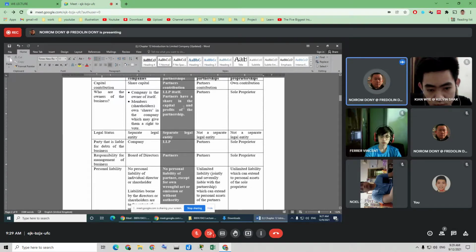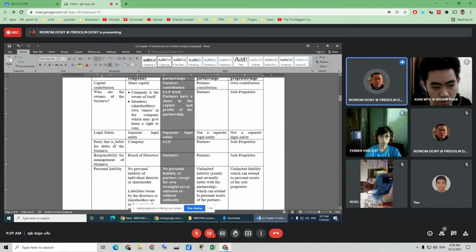Same goes with a limited liability partnership, a separate legal entity. But partnership and sole proprietorship are not separate legal entities. They are considered as one. So if the business fails, people can go after the partners, or go after the sole proprietor. Okay, that is about legal status.